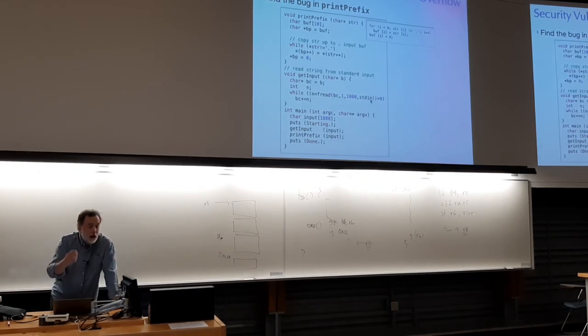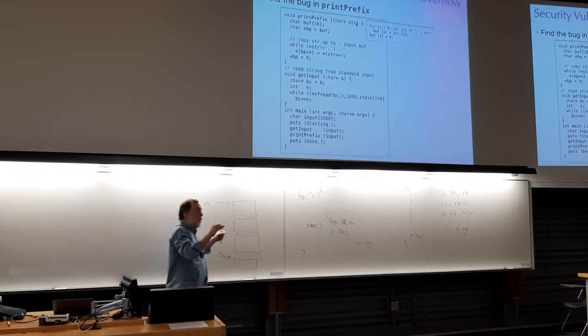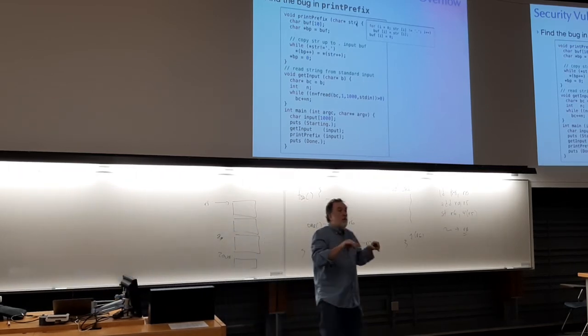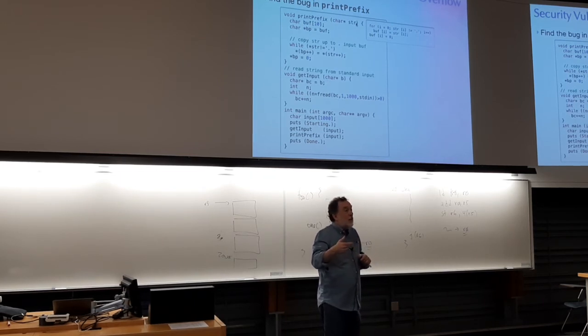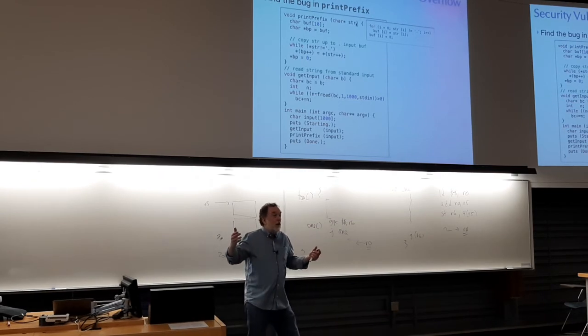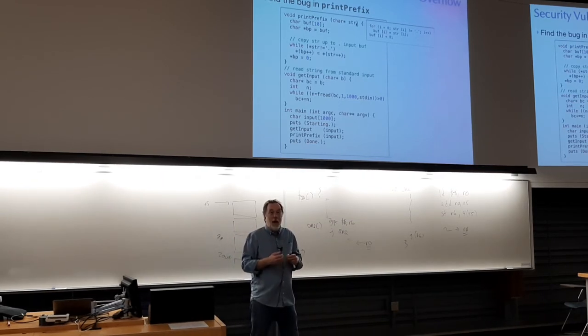So that's the command line, to read whatever you type here. It returns that value, and then that is stored in input, actually copied into input, and then that becomes the parameter to print prefix. So print prefix is getting a string that comes from me typing something on the command line. And so if I type something that's bigger than 10, something bad will happen.